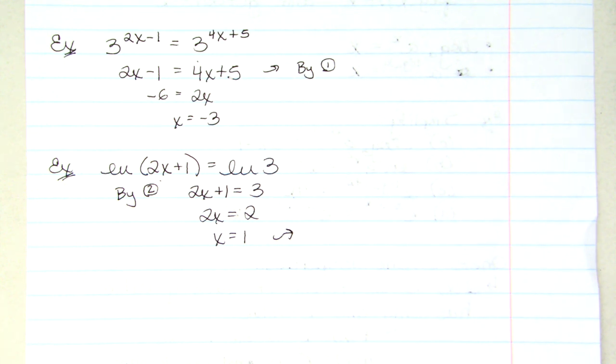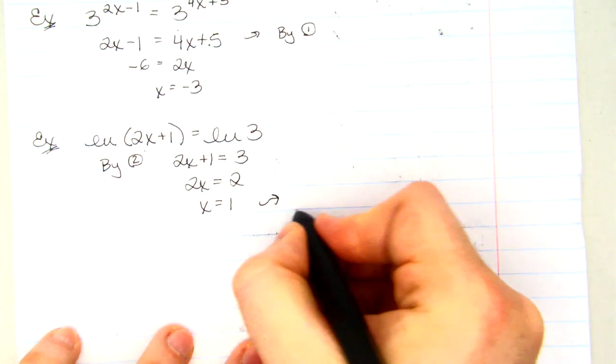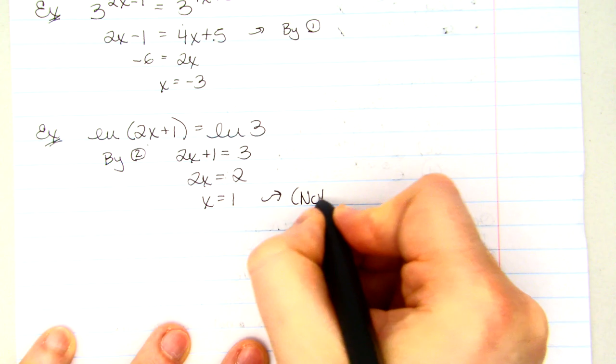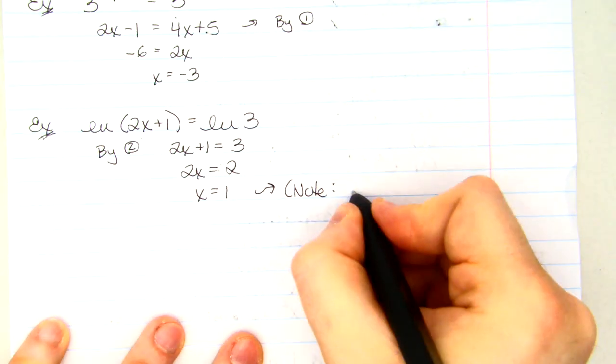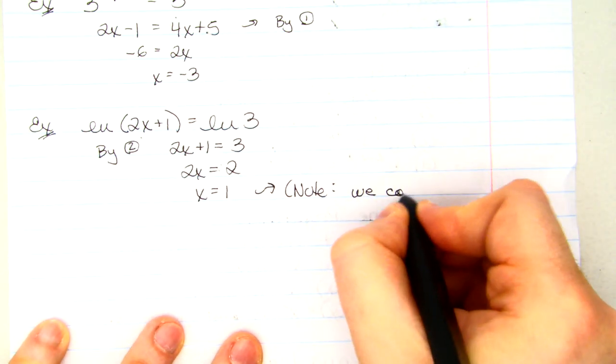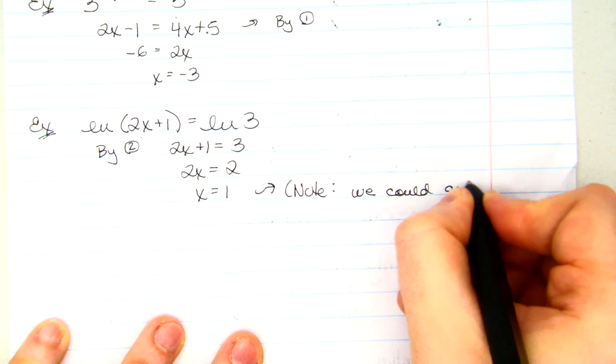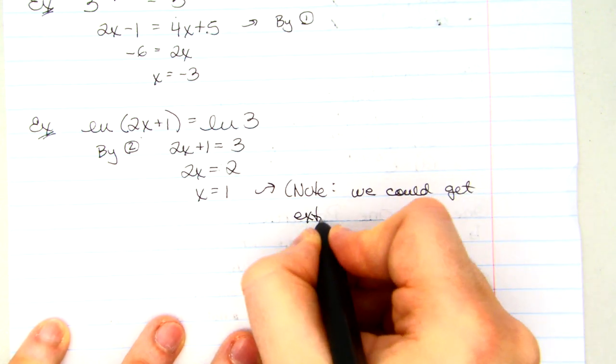There is one thing we do have to be a little bit careful with when solving equations that have logs in them. Sometimes, what do you call those answers that you could get that aren't actually answers? Extraneous. We could get extraneous solutions.